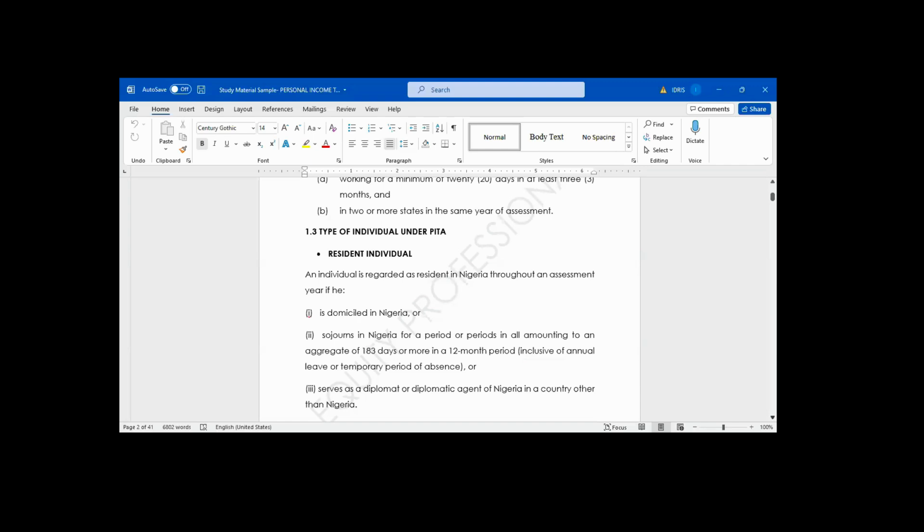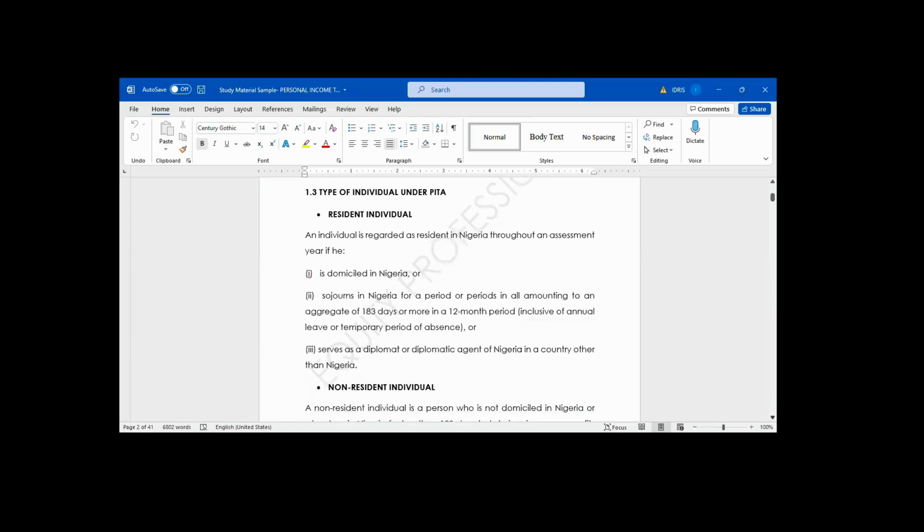And secondly, a Nigeria diplomat, serving as a Nigeria citizen, serving as a diplomat in another country. So when we talk about resident individual, we mean Nigeria resident.